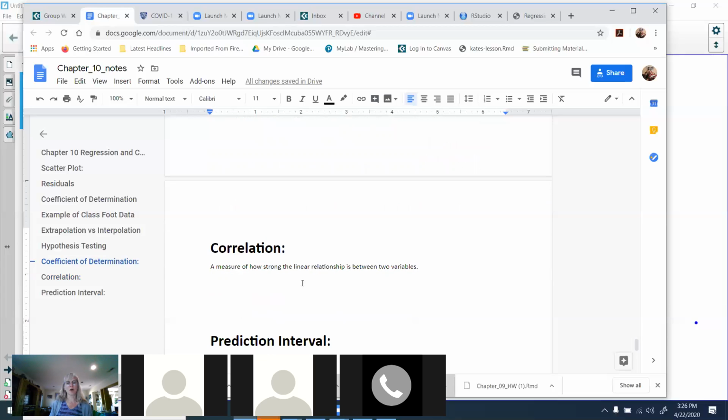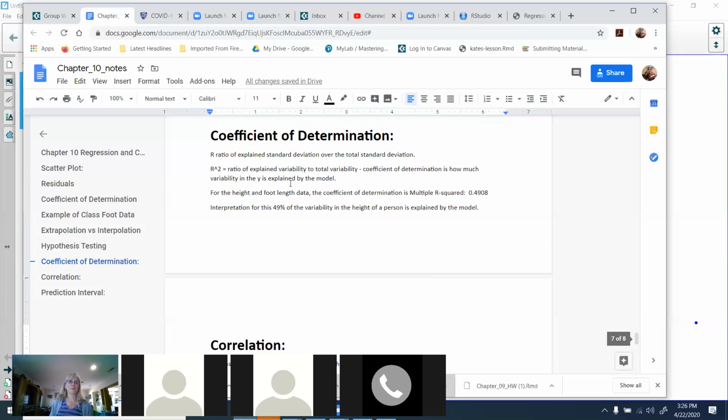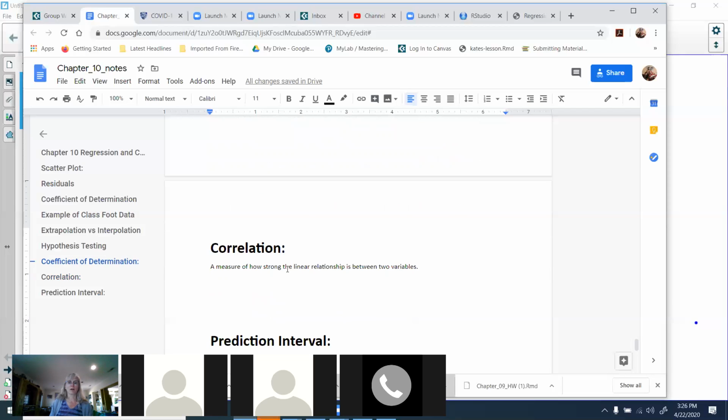But this correlation only is a measure of how strong the linear relationship is between two variables. And that also reminds me, the coefficient of determination works even for nonlinear models, whereas this little r only works for linear. So the symbol is little r.